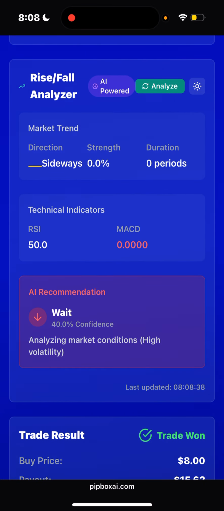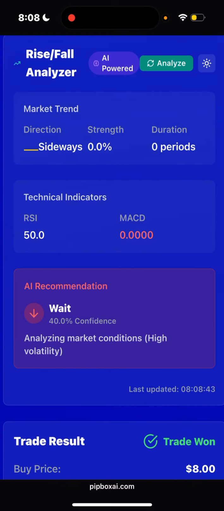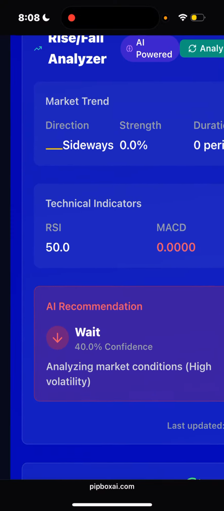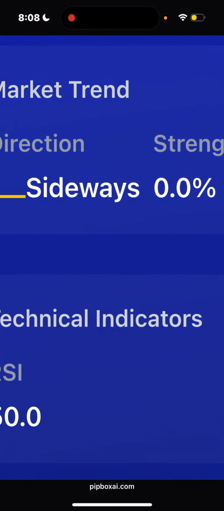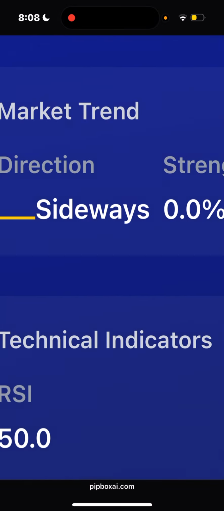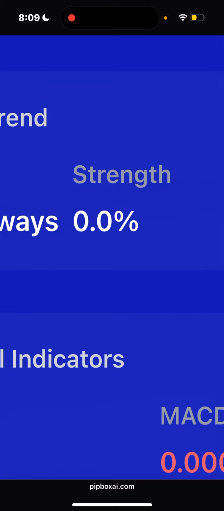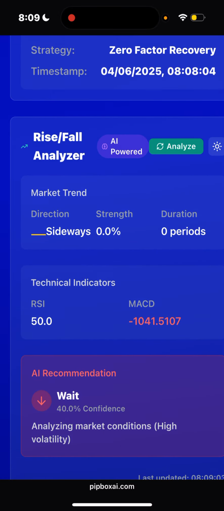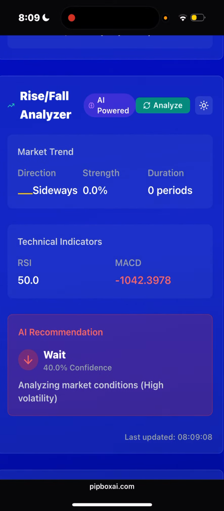You can click on analyze, but in a few seconds you'll just see the MACD levels starting to appear. You have the RSI, or the relative strength indicator. We have the direction index, which analyzes the sideways direction of an index. We also have the strength. The higher the strength, the higher the trade probability. It's still okay, it just picked up.